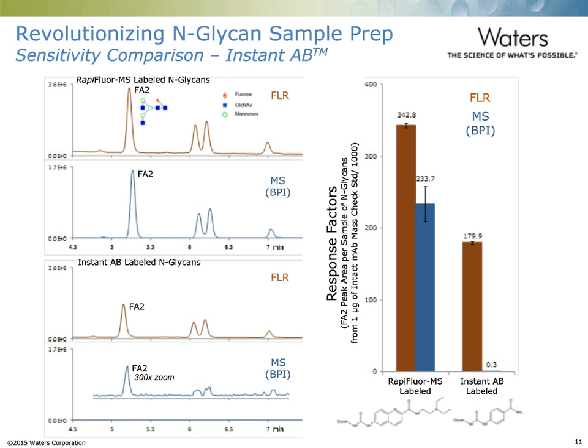We can see that the fluorescence signals shown in the bar graphs on the right are pretty comparable, with the RapiFluor-MS maybe having twice the fluorescence intensity of the InstantAB. But the major difference between these two tags is that when we compare the mass spec sensitivity, we can see that it's approximately 3 orders of magnitude greater sensitivity for the RapiFluor-MS labeled N-glycan versus the InstantAB labeled glycan.